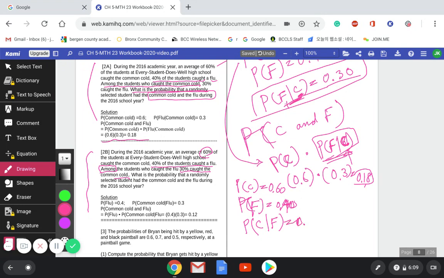So now, knowing this, how do you find the probability of common cold and flu?